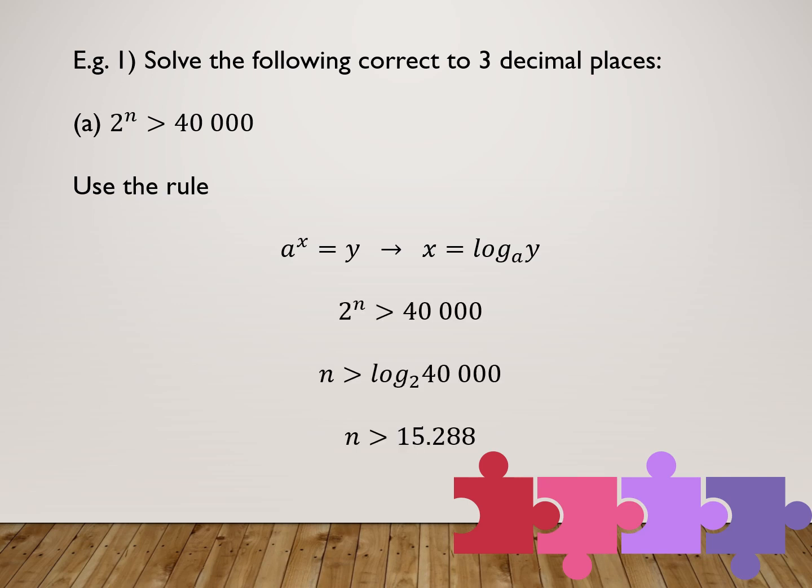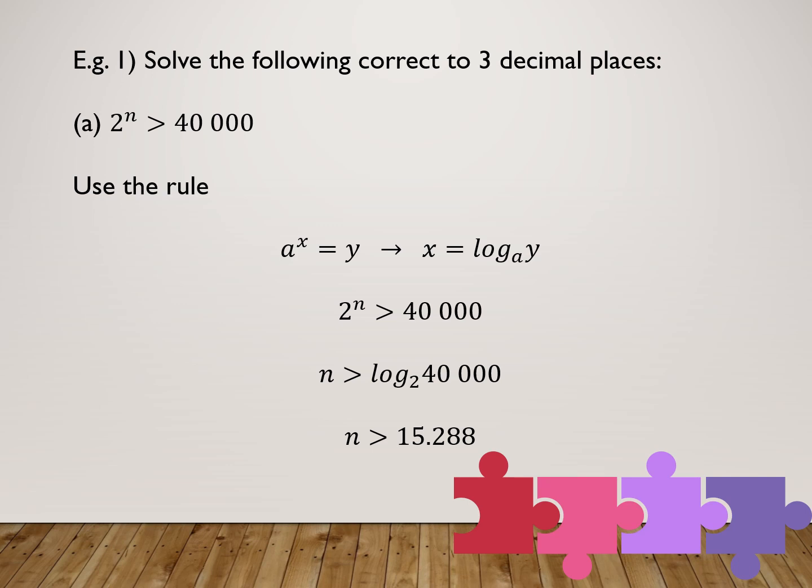So using the rule, if we've got 2 to the n is greater than 40,000, so that's base 2. You leave the n on the left-hand side and you take the log base 2 over, so it becomes log base 2 of 40,000. Now, because the log of any number greater than 1 is positive, such as log of 2, we leave the sign as it is. So I'll say that again.